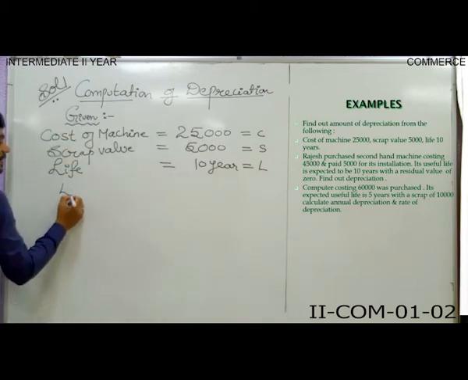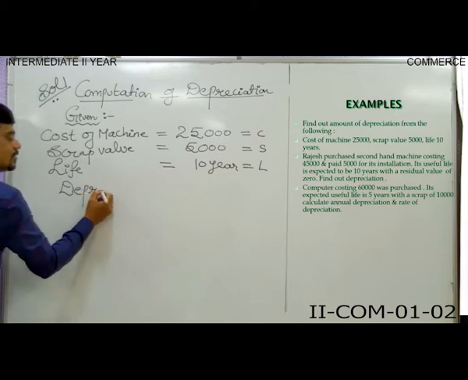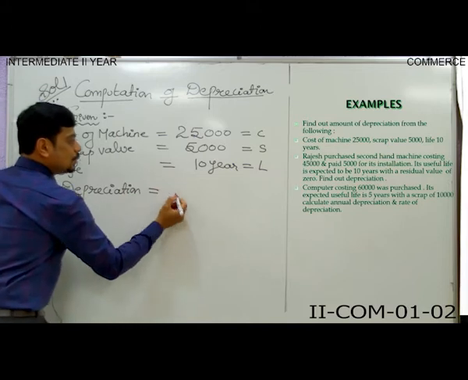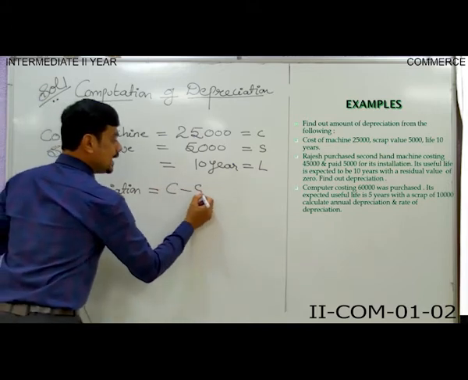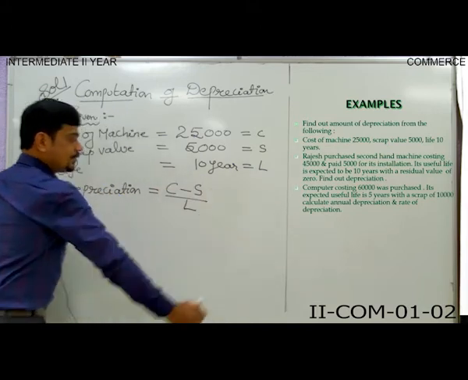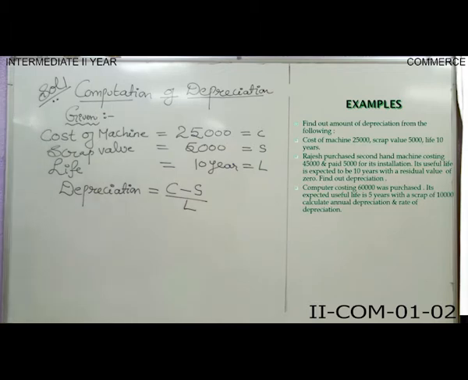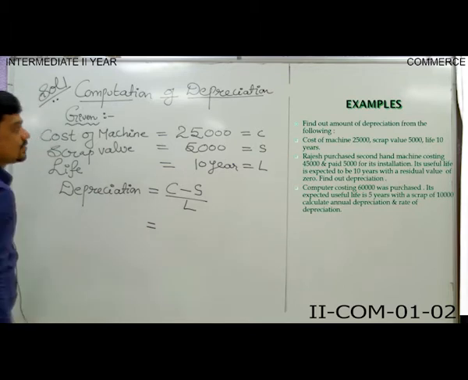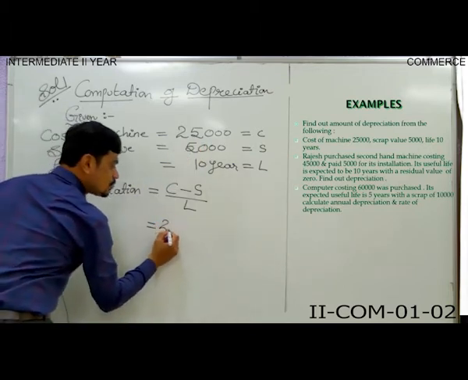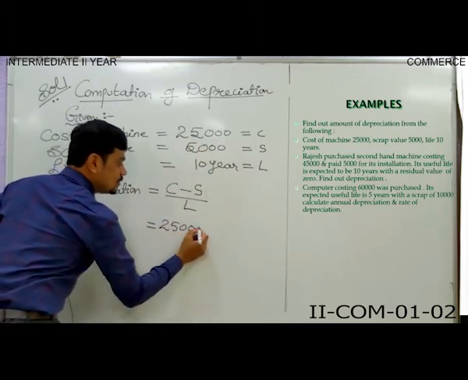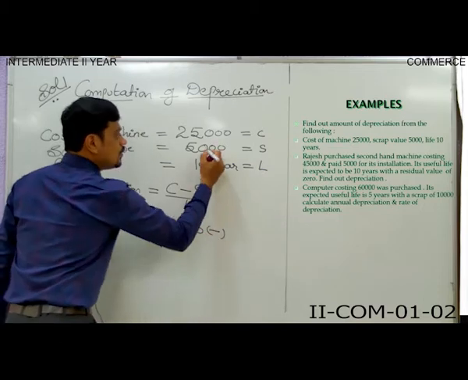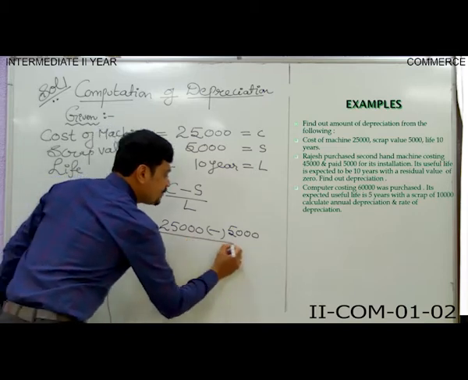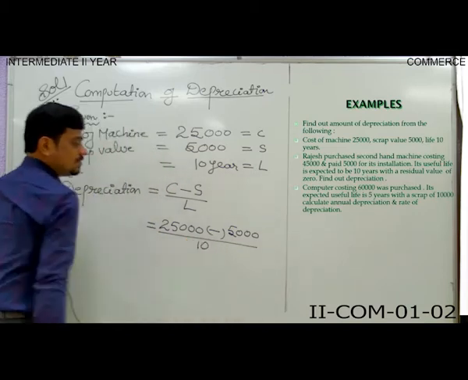Now we'll write the formula. What is the formula? Depreciation is equal to cost minus scrap by life. Now we are going to substitute the figures. Cost is how much? 25,000. What is the scrap value of asset? 5,000. What is the life of asset? 10 years.